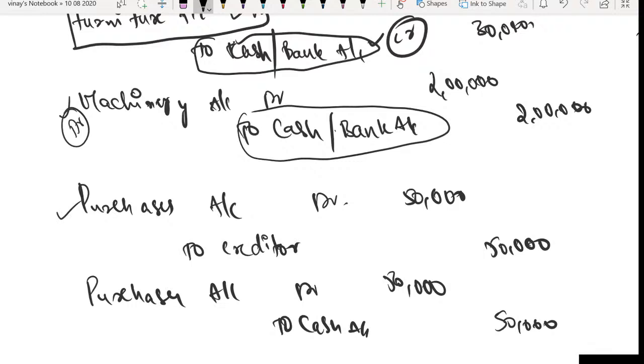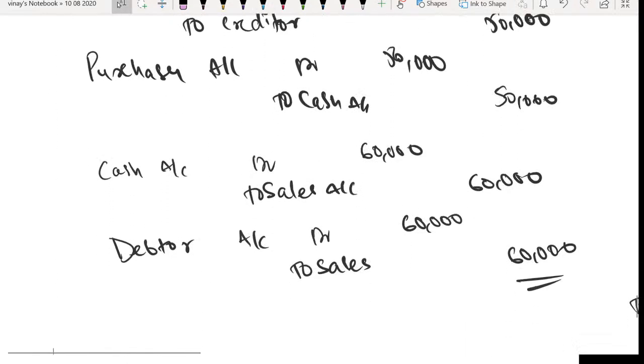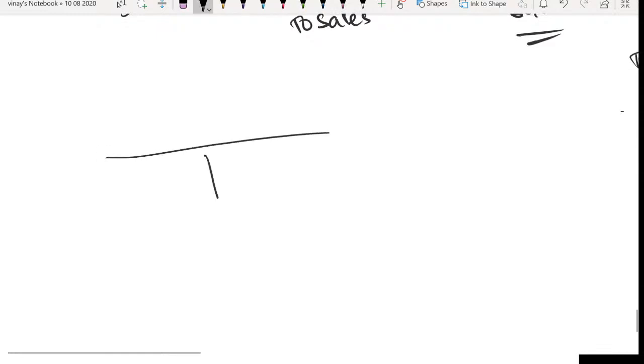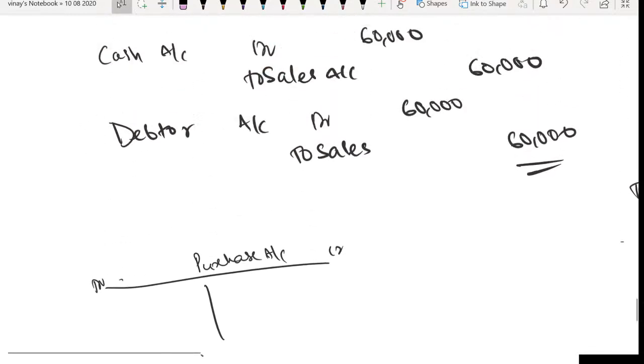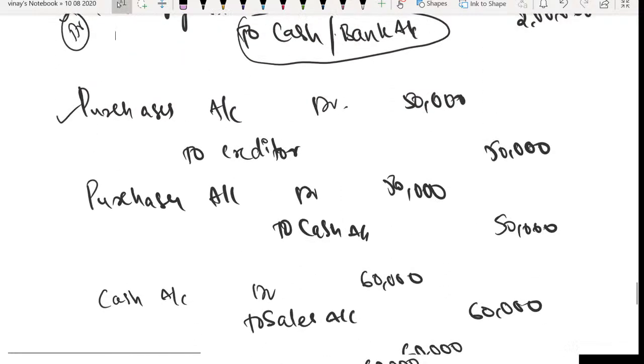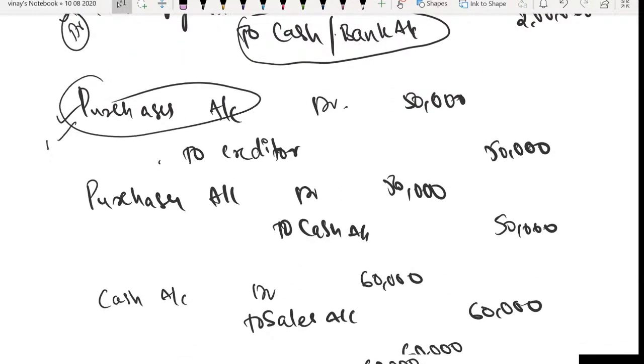Then next is purchases account. So I have to check whether I have the purchase account or not. So I don't have a purchase account. Now I have to create the purchase account. So credit side and debit side. Purchase account is there on debit side.